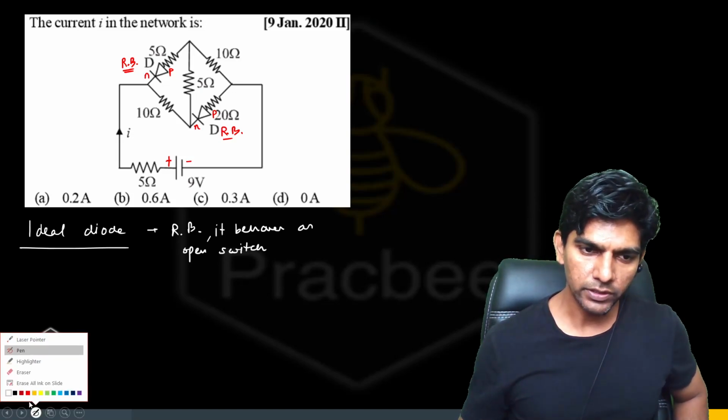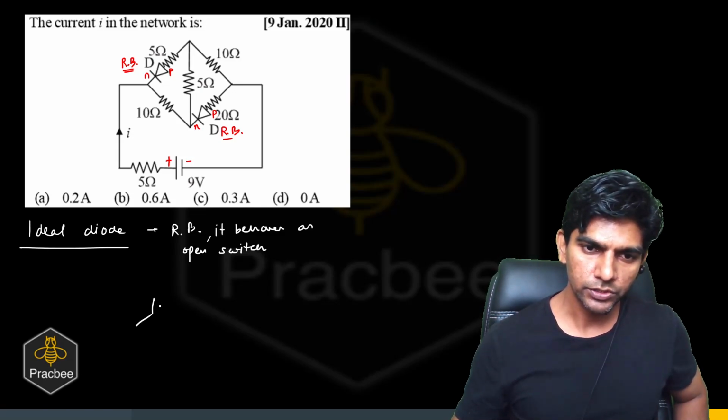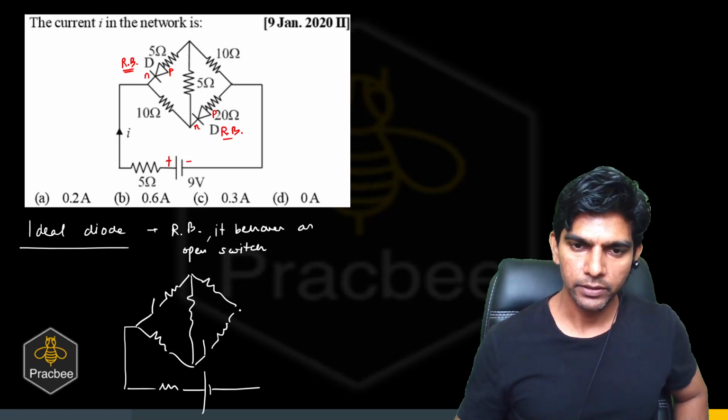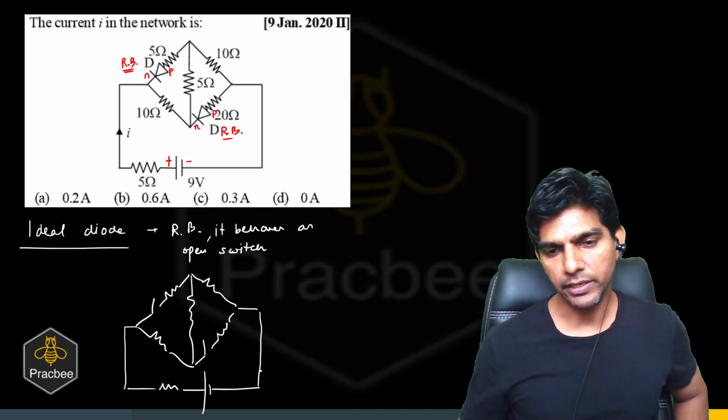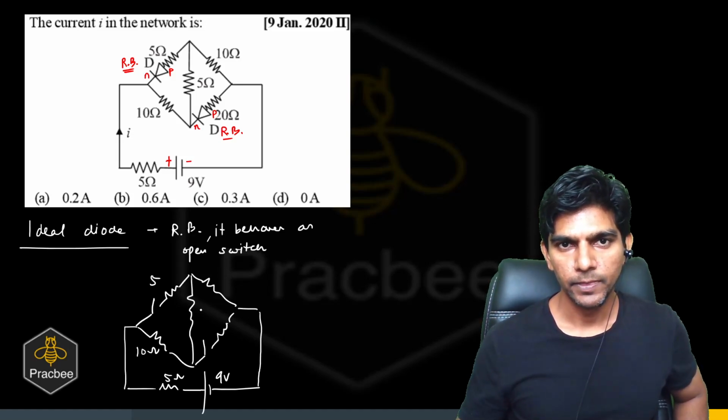If I redraw the diagram, I can show the diode as an open switch, and the resistor will be as it is. So we have a diode as an open switch, and then we have a 5 ohm resistor and a battery. So we have this circuit diagram. This is a 9 volt battery, 5 ohm resistor. This is a 10 ohm resistor, 5 ohms, 5, 10, 10, 20.